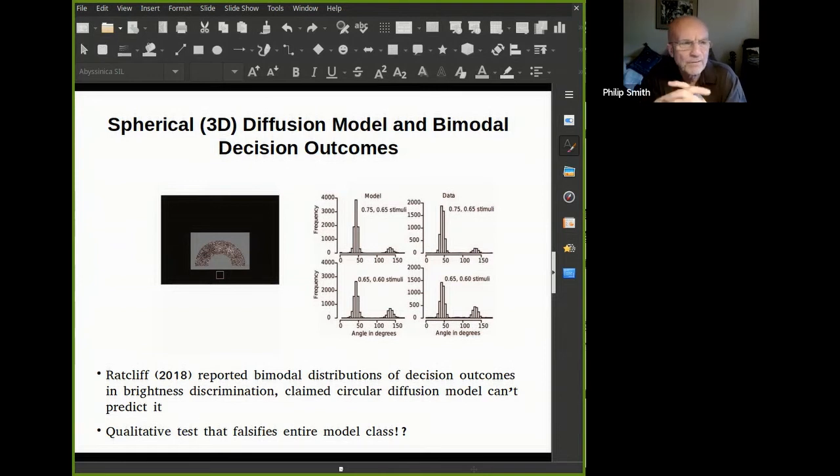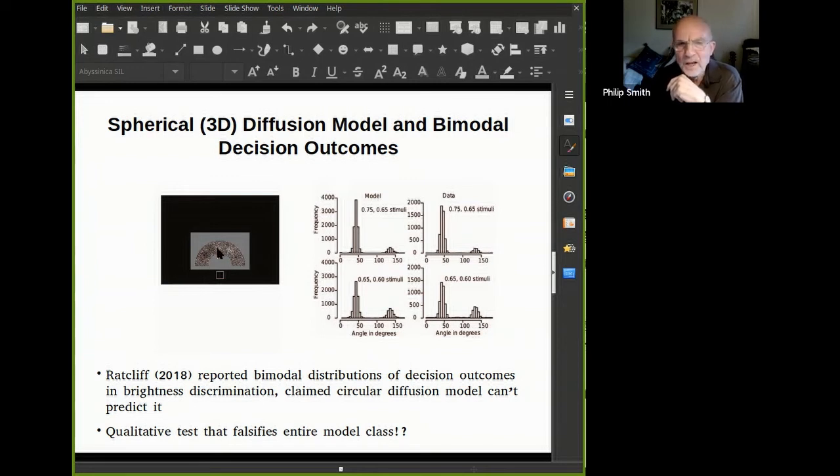Now, Roger Ratcliff also studies continuous outcome decisions. He has a different kind of model, which is an infinite array of accumulators, and he looks at different kinds of tasks. But one of the tasks that he looked at is a brightness discrimination task where the stimuli are Gaussian luminance blobs presented in random pixel noise in a semicircular region of the kind you see here.